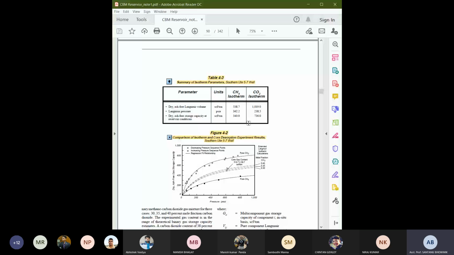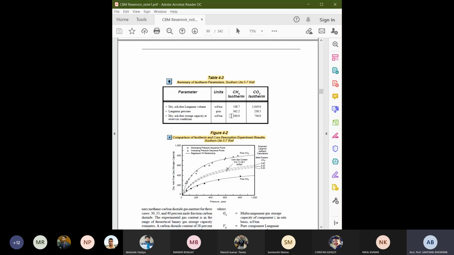You can see very well that for the first parameter, the Langmuir volume, the carbon dioxide isotherm is varying as approximately twice the methane isotherm. Can you see that?